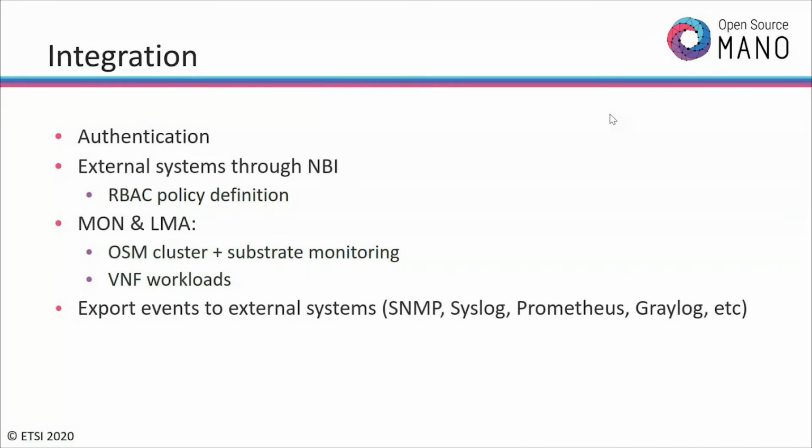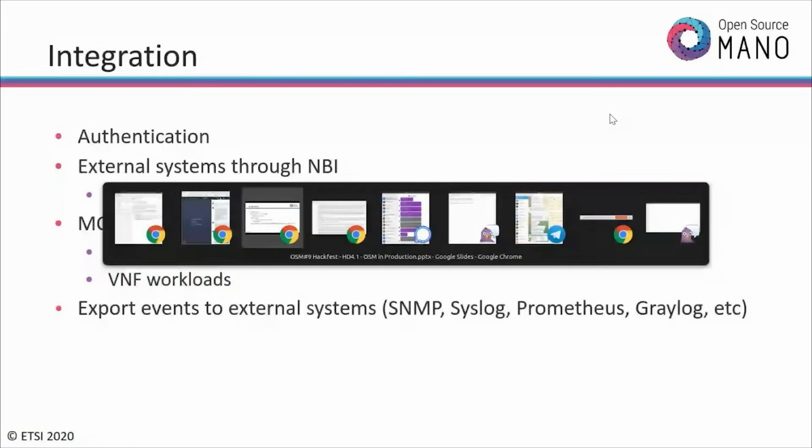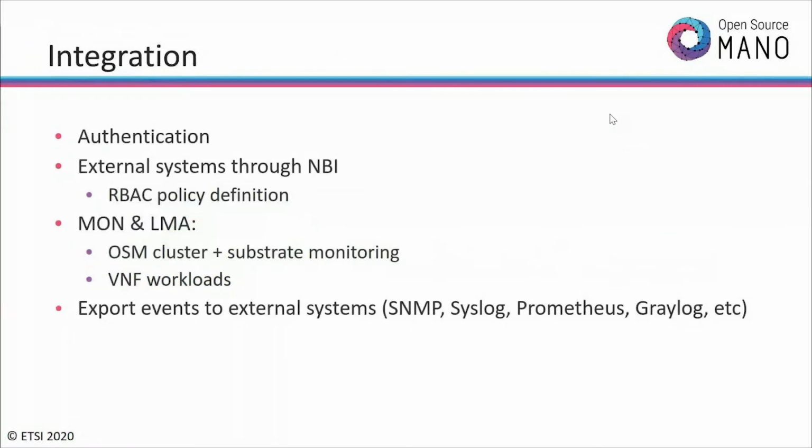That's mainly it. That's why we have a standardized northbound interface, so that it can be integrated with external systems, with OSSs and BSSs, or master orchestrators, service assurance kinds of applications, etc. So you can integrate it with anything, as long as it knows how to speak with it.